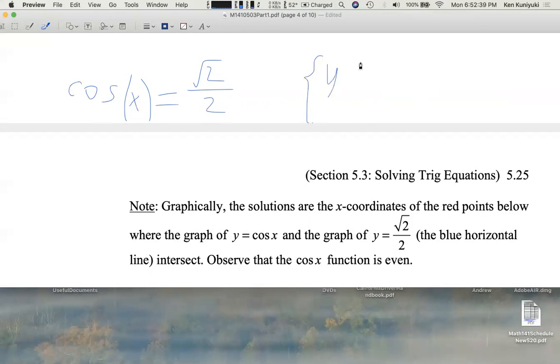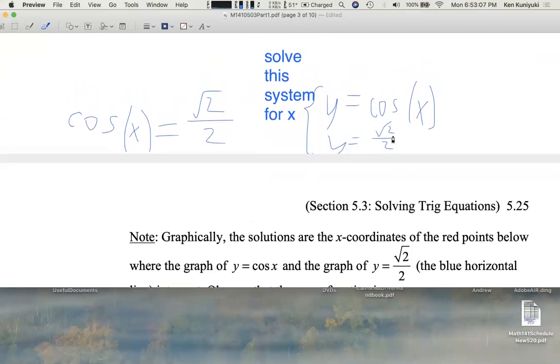We'll talk more about systems later, but we're solving the system y equals cosine of x and y equals root 2 over 2. We're solving this system for x.